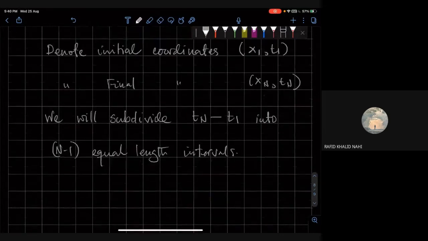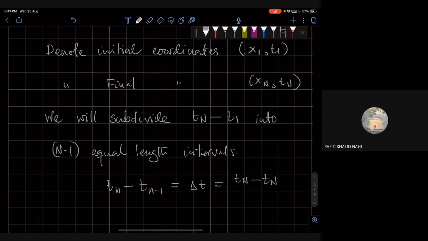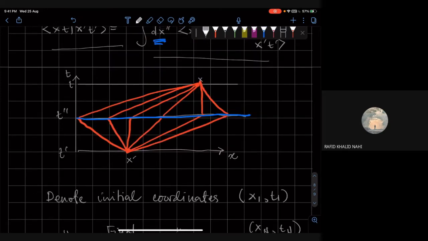So these intervals are, say, tn minus t n minus 1. It'll be delta t, and that'll be given by big Tn minus T1 divided by N minus 1. Okay? So all that we're doing is that we're just dividing up this time into smaller pieces. And at some point, we're going to take N to go to infinity.